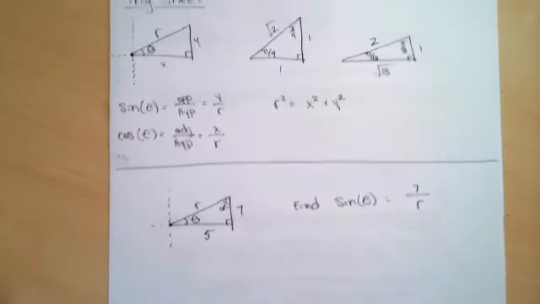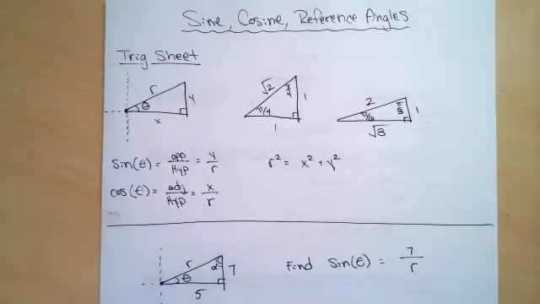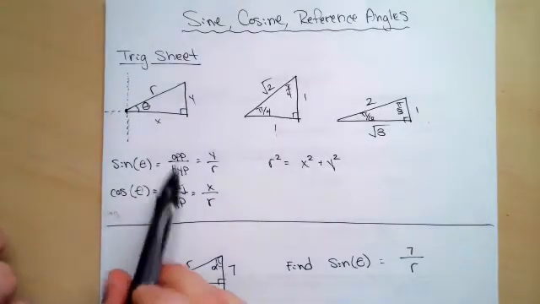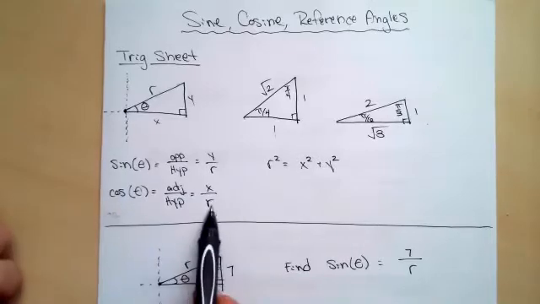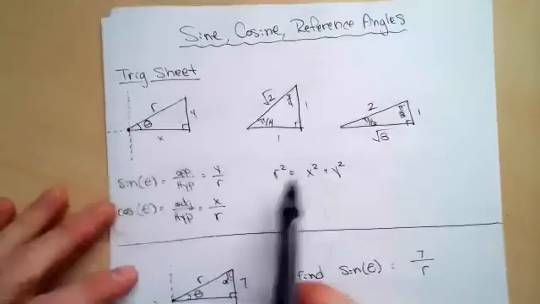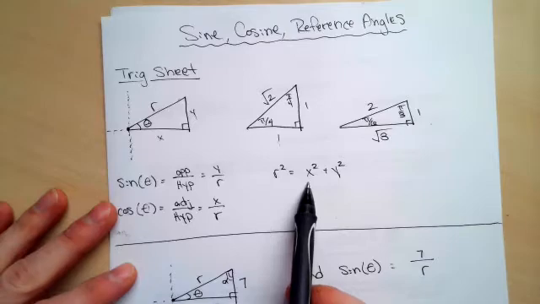And so this comes back to our cheat sheet. What else can we use? Well, we're trying to solve for sine. If we don't know sine, sometimes using cosine is going to be hard as well. I still don't know r, so cosine's not going to be helpful. And so what is going to be helpful? This Pythagorean theorem.